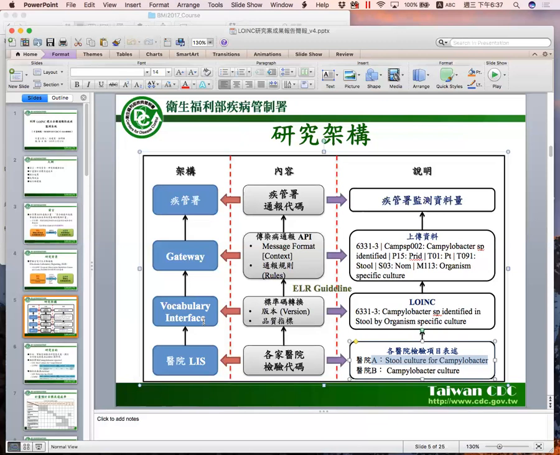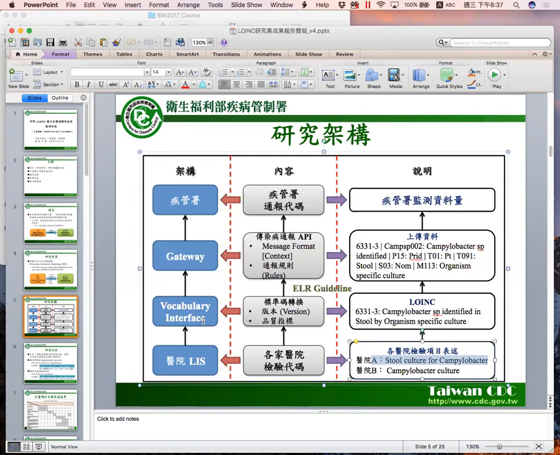Basically, when I was in the US, we knew that due to the code design and some practical issues, it is actually true that for the same thing, having more than one LOINC code is okay for reporting.